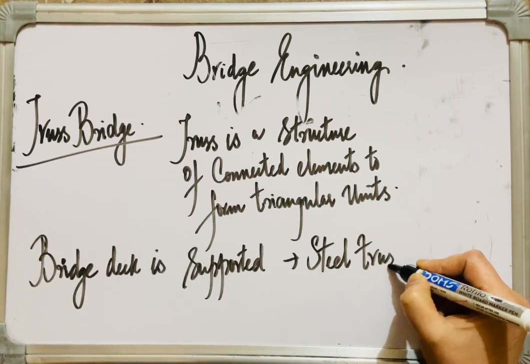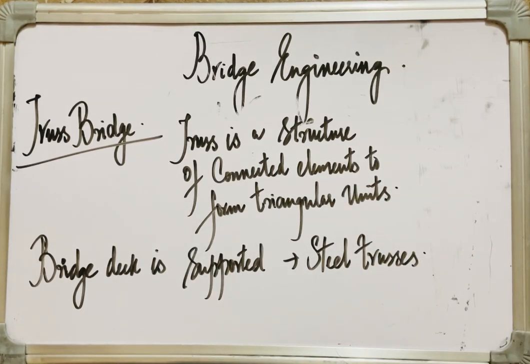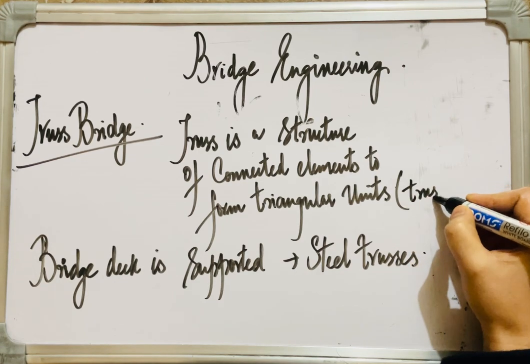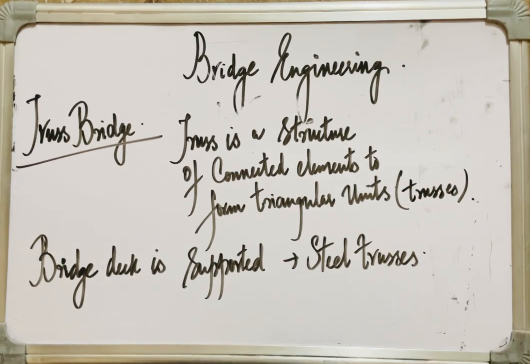And what is a truss? A truss is a structure of connected elements to form triangular sections or units, which are known as trusses. All right, and the bridge deck in case of a truss bridge is supported by steel trusses.